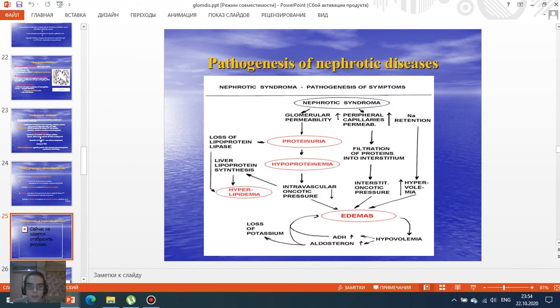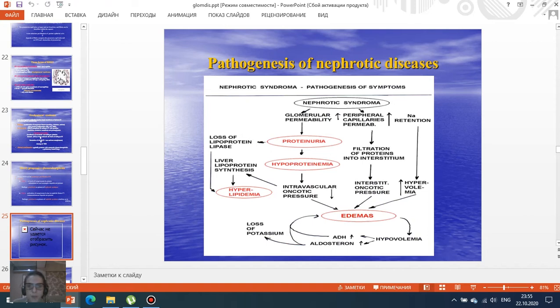But the pathogenesis of nephrotic disease, it's nephrotic syndrome. It may be increased glomerular permeability, with proteinuria, hypoproteinemia, hyperlipidemia, and edema. So loss of lipoprotein lipase leads to hyperlipidemia, and also liver lipoprotein synthesis.